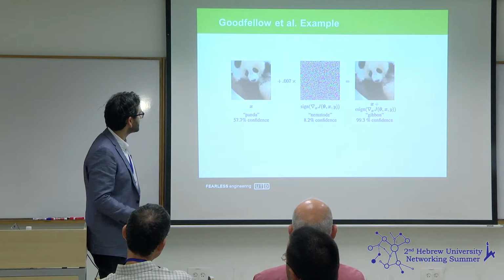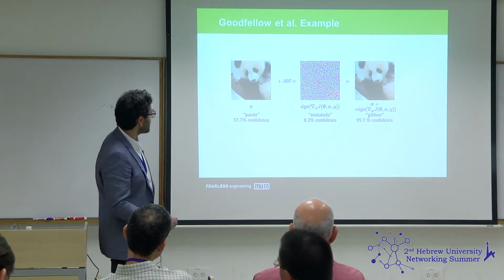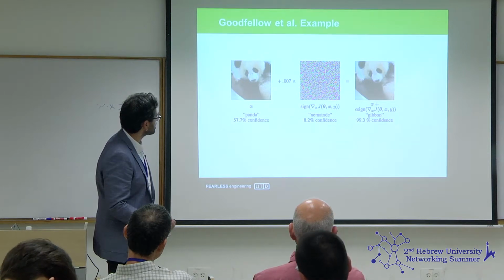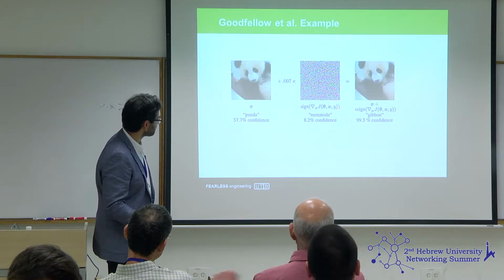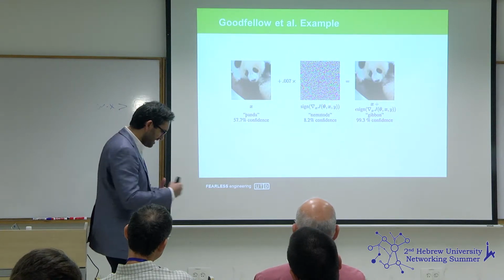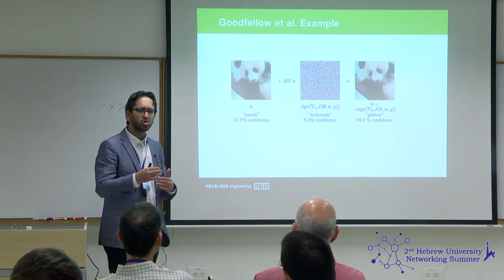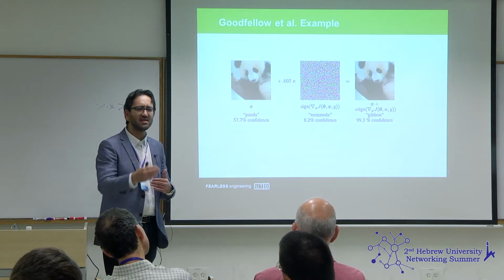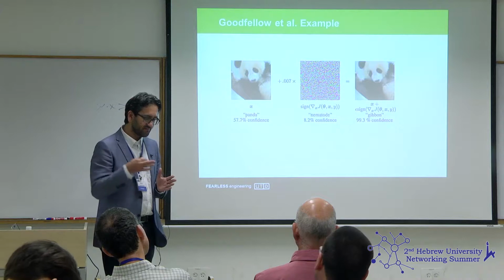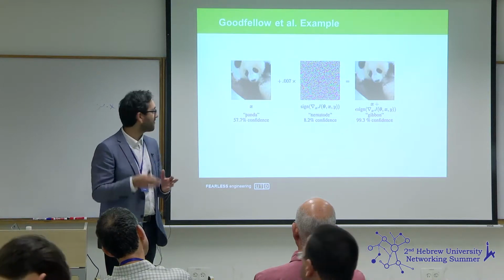And then they add this noisy picture, and they do it based on the fact that deep learning techniques usually use stochastic gradient descent, a search based on the derivative of this function.